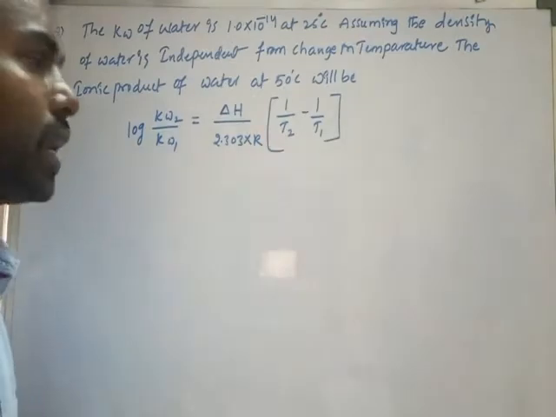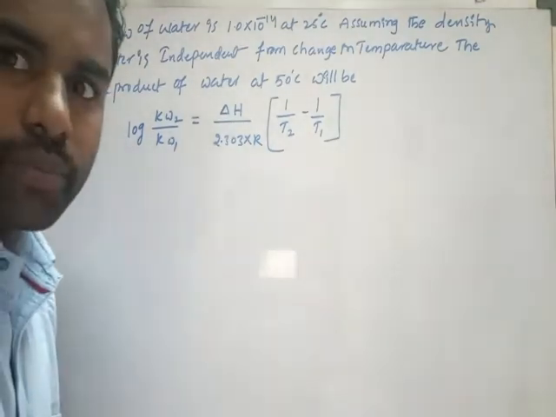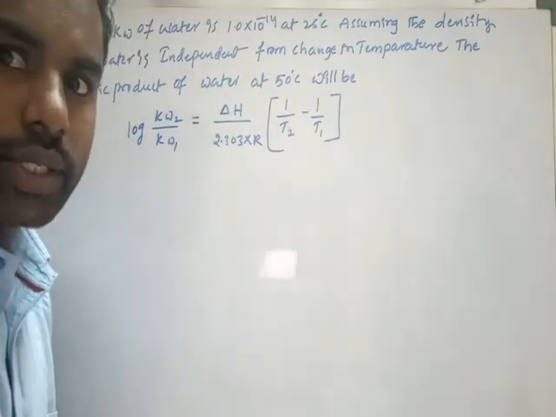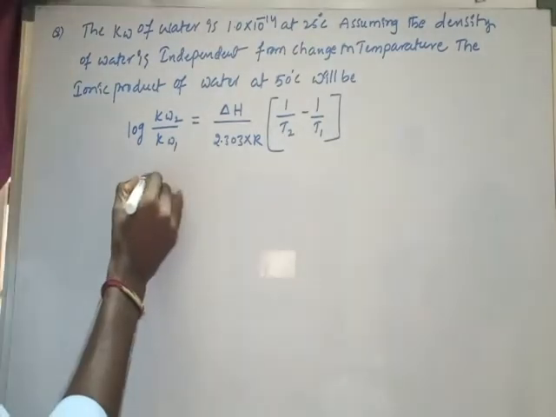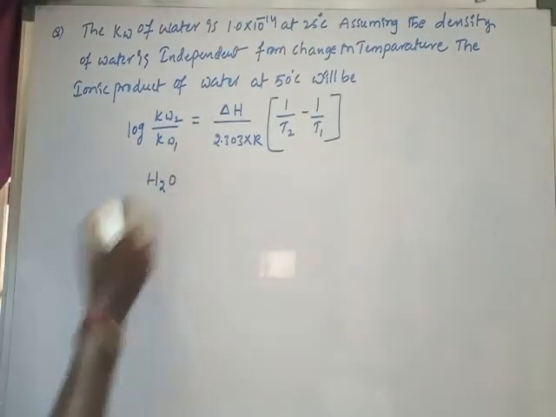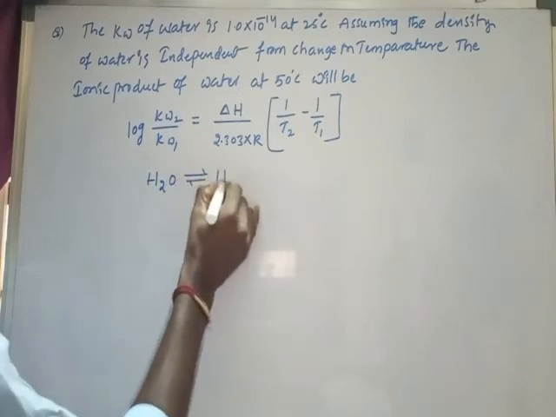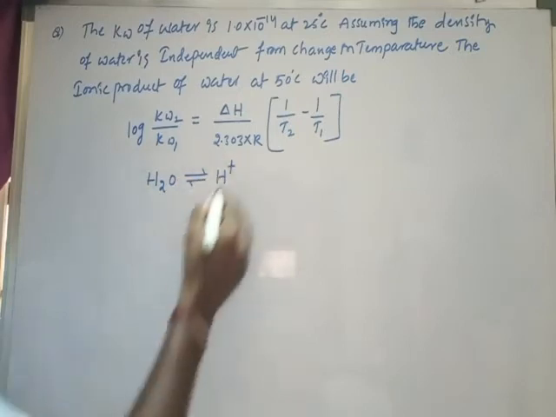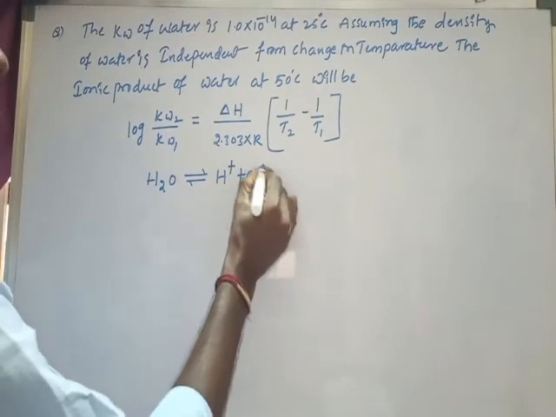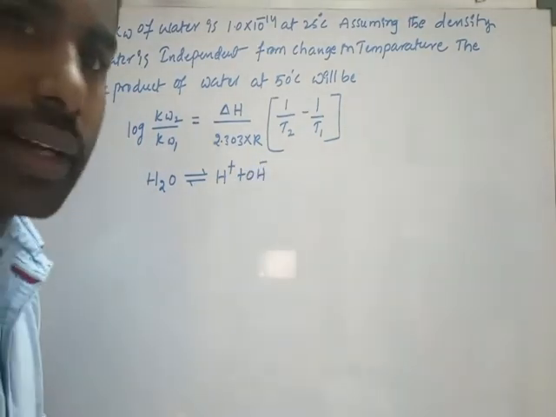But here delta H they did not give in the question. How can we calculate delta H? For example, if you take the dissociation of water, how will it dissociate? Into H plus and OH minus ions.